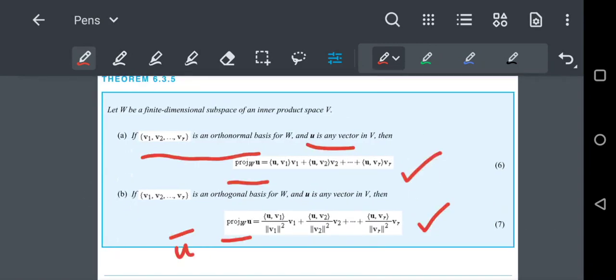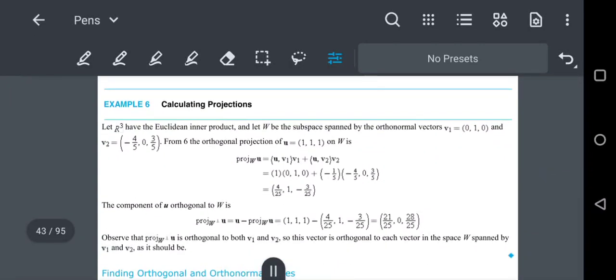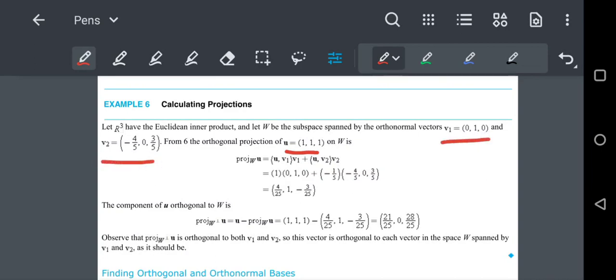Here, calculating projections, you are provided with a vector u and vectors v1 and v2. It is easy for us to check that v1 and v2 are orthogonal to each other, that is, the inner product between v1 and v2 is equal to 0. When you observe, 0 into minus 4 by 5 is 0, plus 1 into 0 is 0, plus 3 by 5 into 0 is 0.